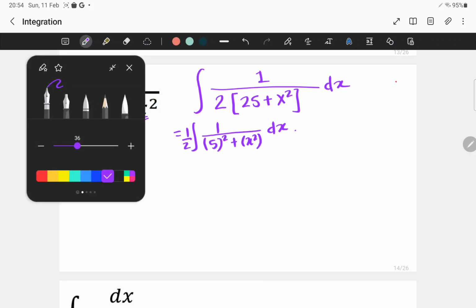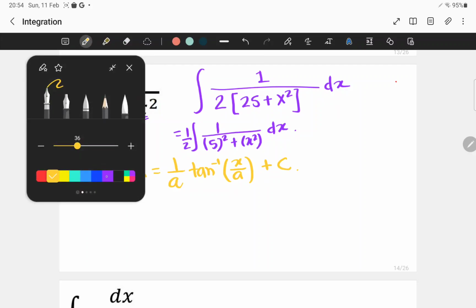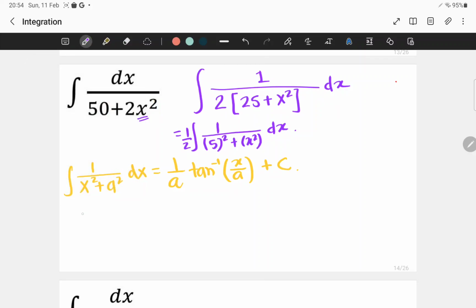So what was the formula we just saw? Integration of 1 over x square plus a square dx equals 1 over a tan inverse x by a plus c. So we will use this formula.